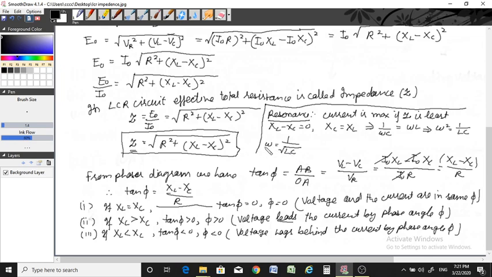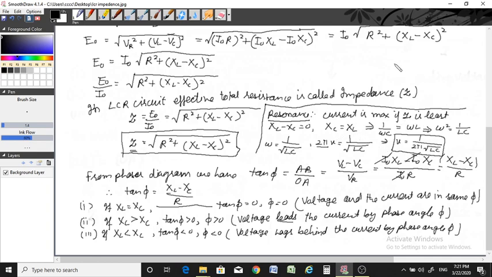But omega is equal to 2 pi into mu. Taking the term to the right hand side, we get frequency equal to 1 upon 2 pi under root LC. This is the resonance frequency of the LCR circuit.